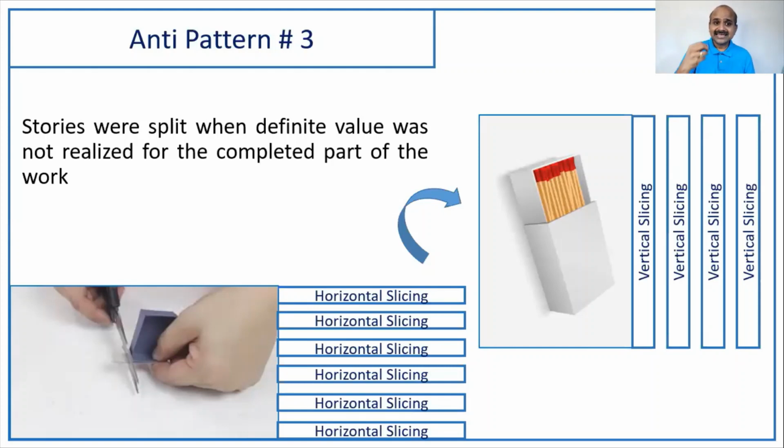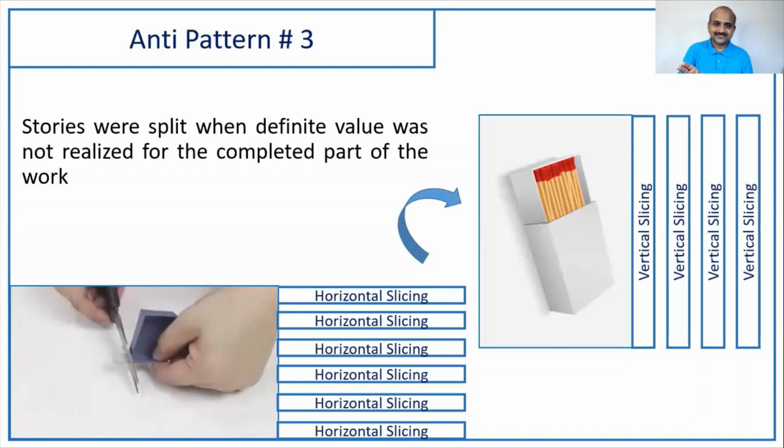At the end of the day, each story point that you deliver should be of value to the product owner. So in this kind of scenario, if you are not able to showcase any value to the product owner through whatever partial work you have done, here I'm saying horizontal slicing, that means your database layer, your middle layer kind of a thing, then as is, you should transfer the story to the next sprint.